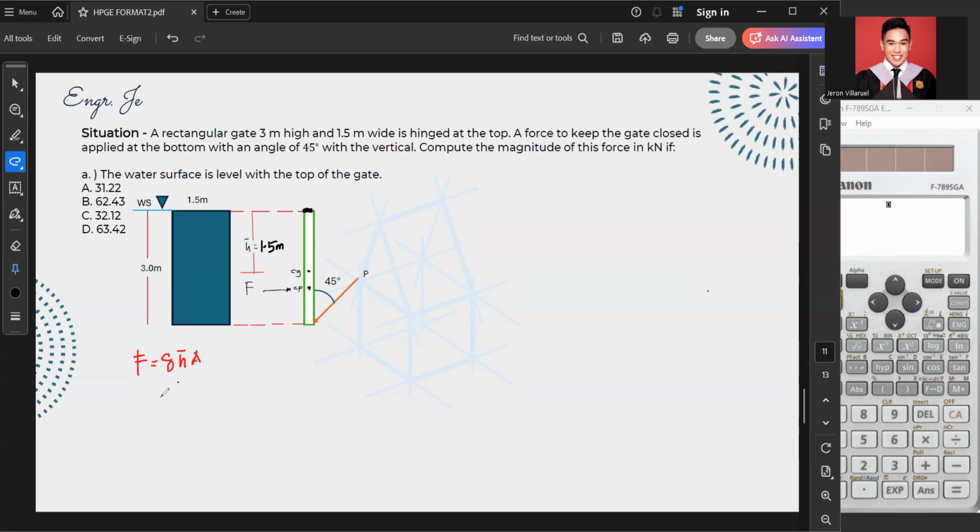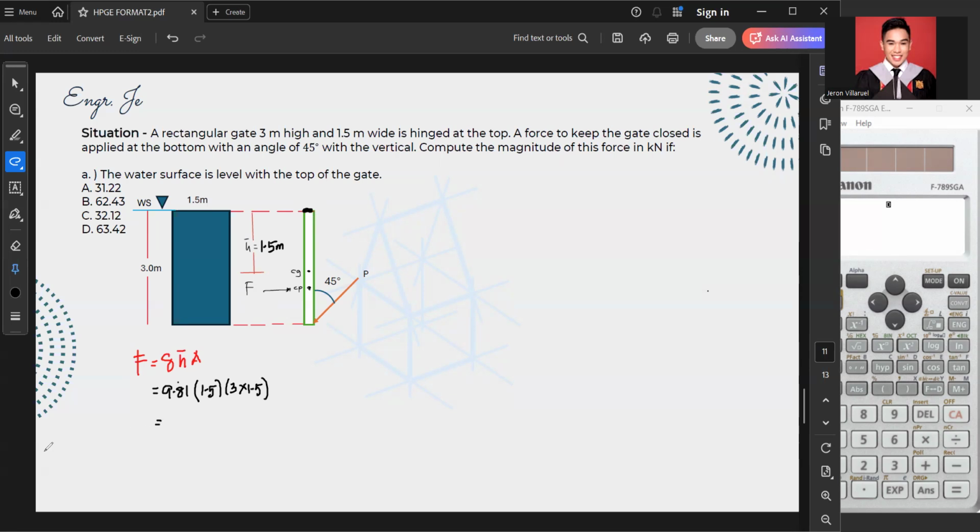We can now solve our hydrostatic force. That is 9.81 times our bar H, which is 1.5, times our area, 3 times 1.5.